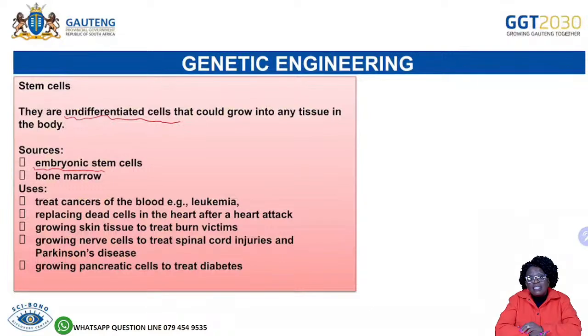I just want to mention something about some controversial issues that happen in some countries regarding this. Did you know that in some places people really make this a business? They fall pregnant and then the embryos are removed, and the reason for removing the embryos is that the stem cells are there.